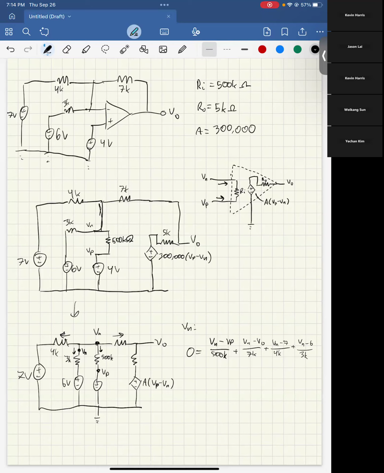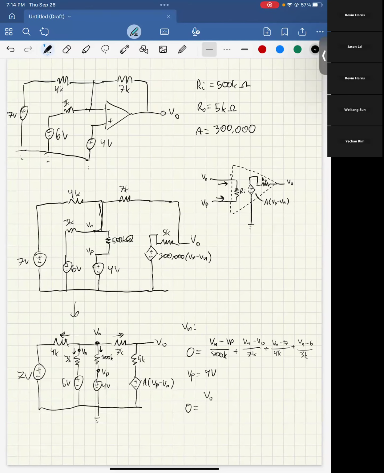And then we still have two more unknowns. We have Vp. Vp, though, we can easily see is just 4 volts. So that defines Vp for this equation. And then we'll need an equation to define V out. So V out, we can do a node voltage on that equation. So this is our 7K, this is our 5K.